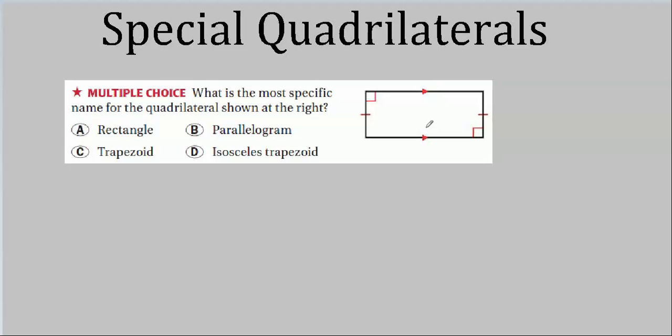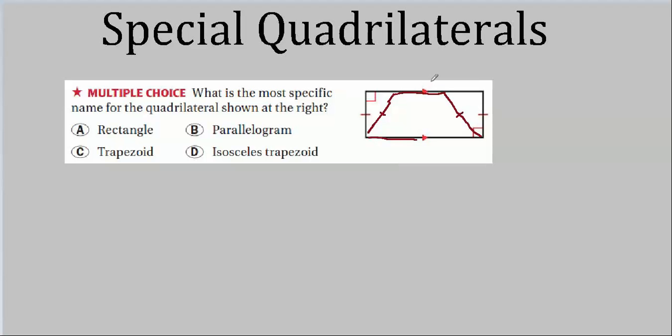Now, that could fit an isosceles trapezoid, except that these are 90-degree angles. If it was like this, if that were the line, and then it was like that, well, and then these two, heck, that would be an isosceles trapezoid because we know that this top and bottom are parallel.